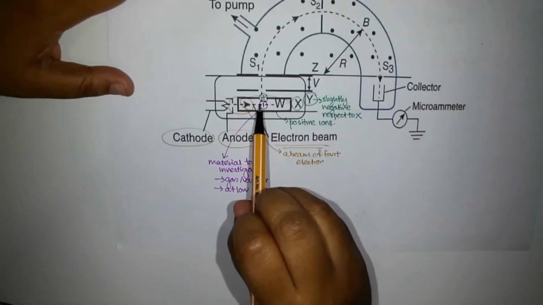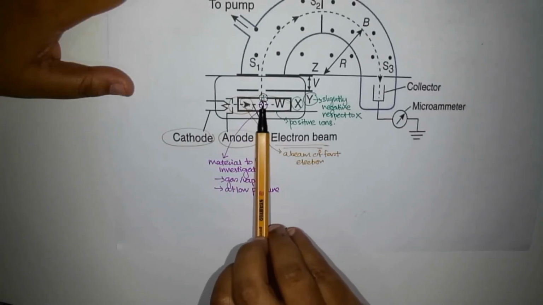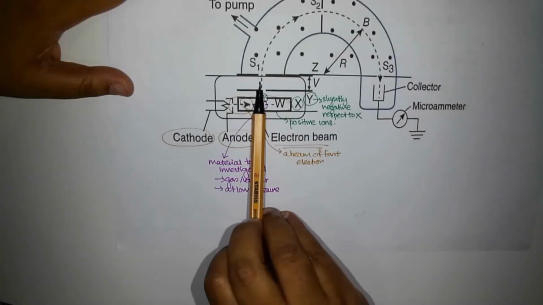So the positively charged ion will start to be drawn out from this W here.